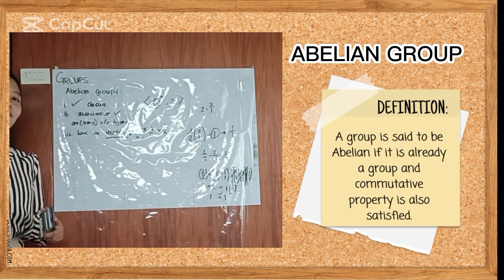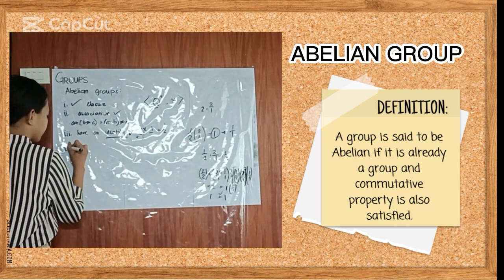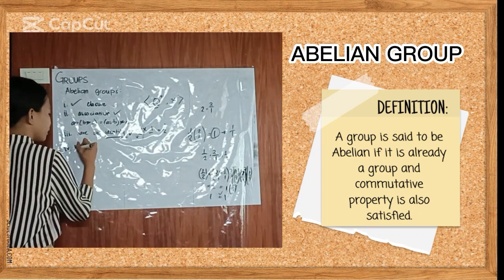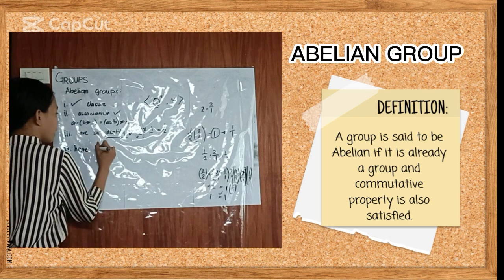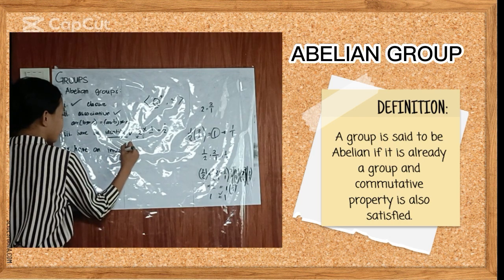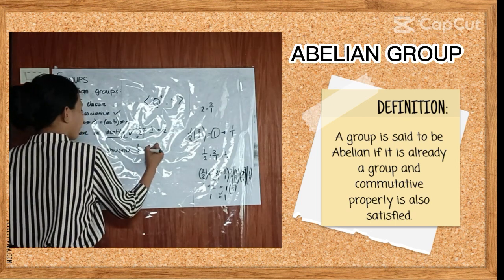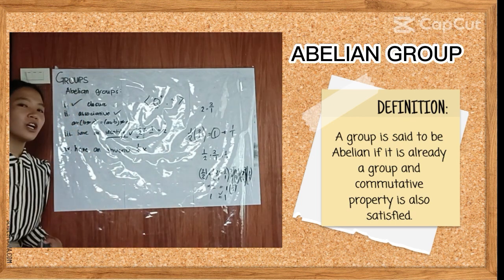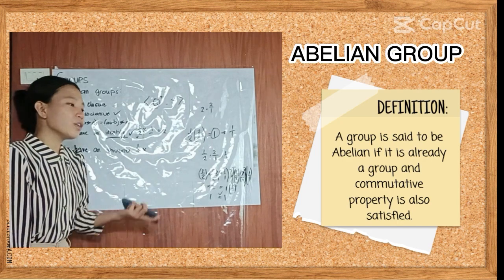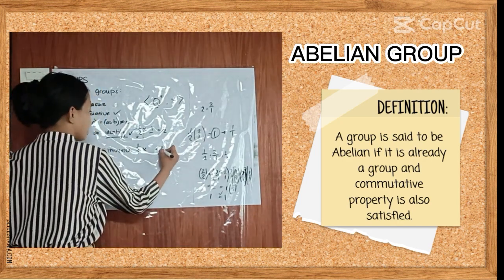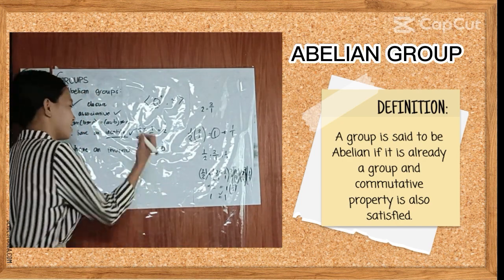Let's have the fourth property: it should have an inverse. What is the inverse of 1/2 under multiplication? The inverse of 1/2 to get 0 is 0.